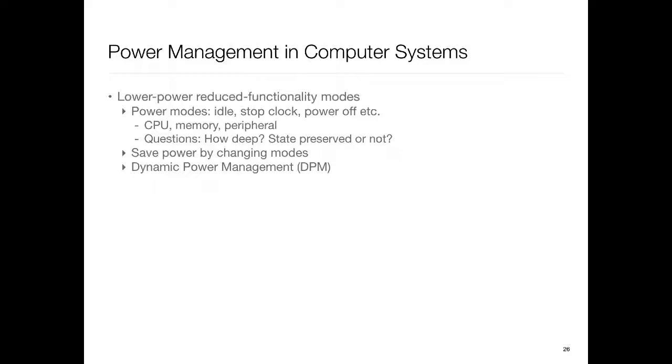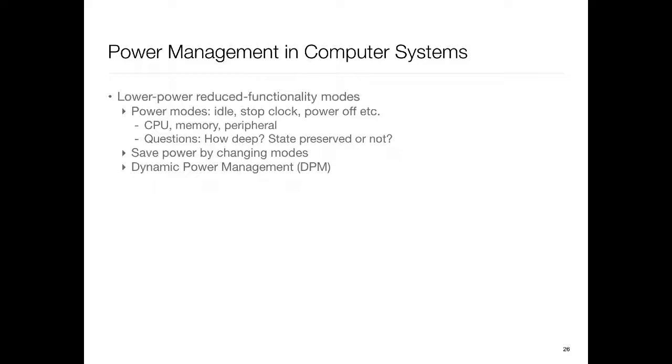If I stop the clock, nothing is happening, so at least the component of power which relates to activity goes to 0. There's still so-called leakage power, because electricity is being supplied. And in the extreme case, I can cut off the power supply and take the power down to 0.